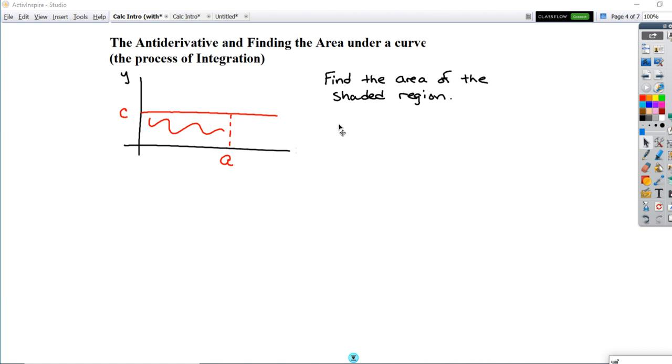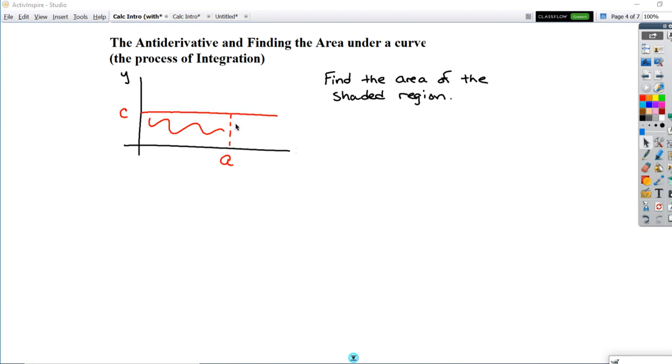So let's start out with this graph here. So really this is the graph that represents y equals c, where c is a constant, so it's the value c the entire time. And the area is infinite, it can go on forever. But if I just close it off at some value a, and I ask you to find the area of the shaded region, how would you do that, and what is the answer?